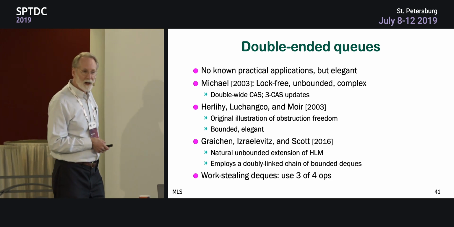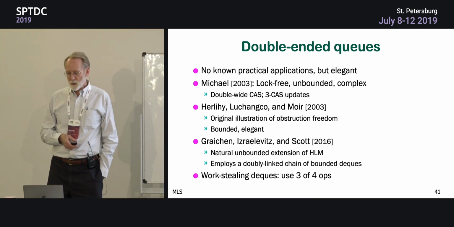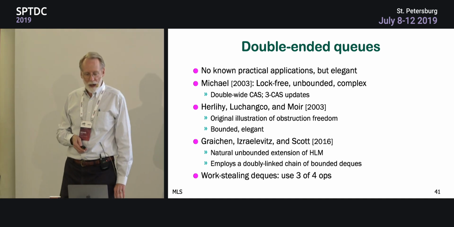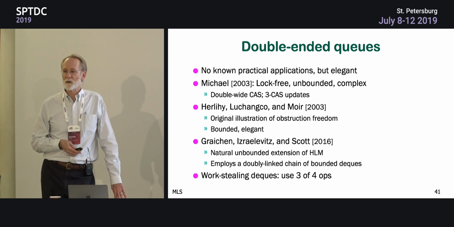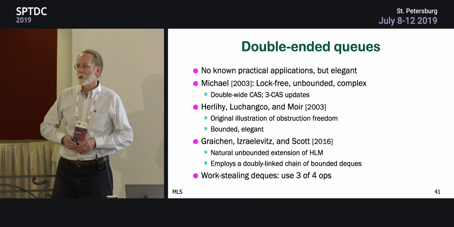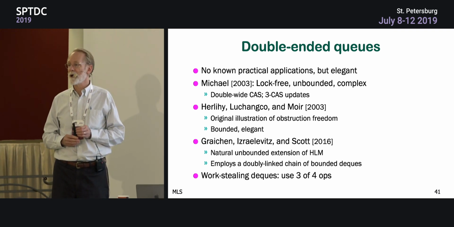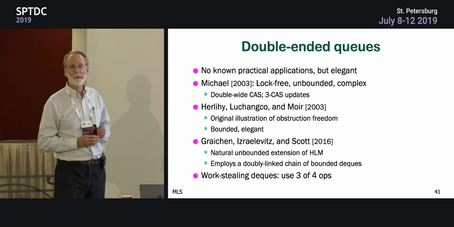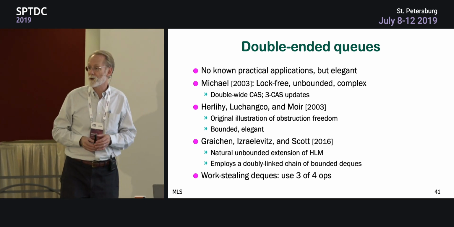Double-ended queues are worth talking about primarily because there's a really nice double-ended queue algorithm that was the motivating example for obstruction freedom. Wait freedom and lock freedom have been around a long time. They were defined in Herlihy and Wing's original paper, and there were lots and lots of algorithms published that did one or the other, and everybody sort of assumed that there were only two interesting varieties of non-blocking algorithms.